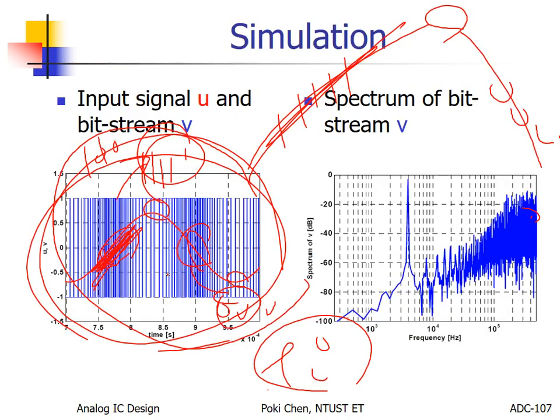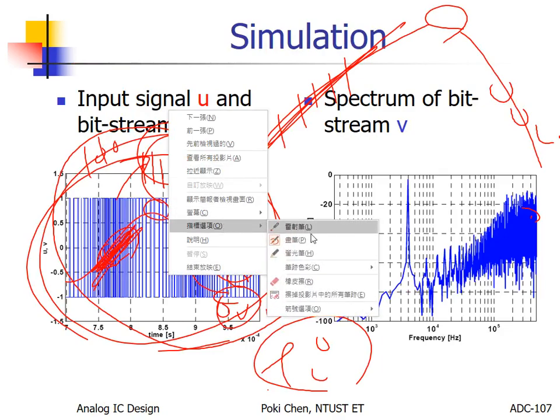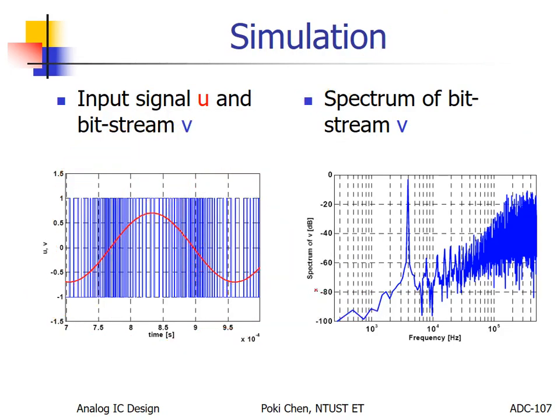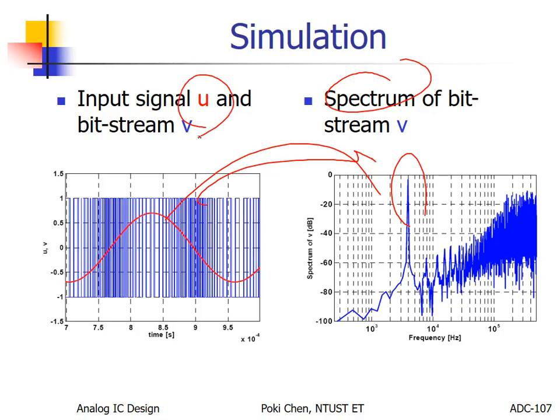All right, and then we go for, this is not so interesting, so let's go for the spectrum simulation. Wow, what? This is the frequency of your sine wave of your U here, a nice spectrum. But how about the quantization noise? This is what I told you already.